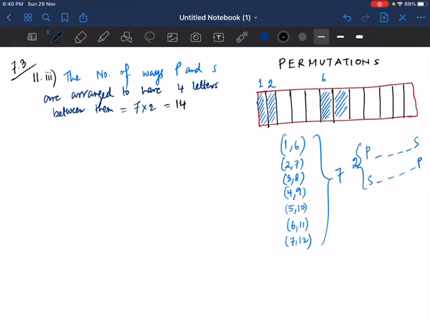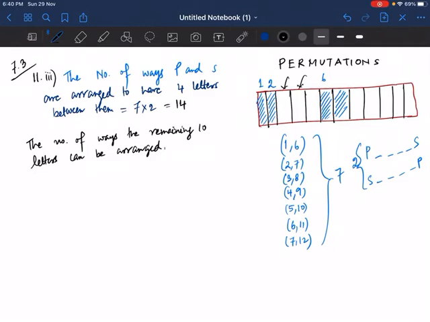Now we have to put the remaining 10 letters. So how many ways can we put the remaining 10 letters? Now look here, after putting P and S in there, how many positions are we left with?